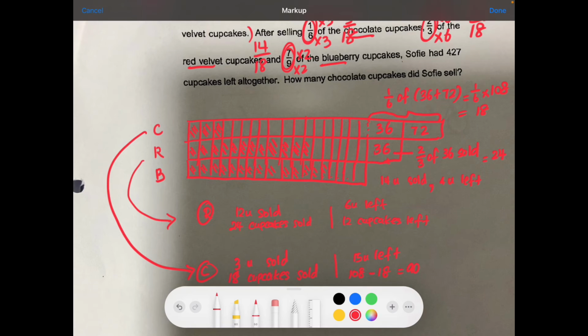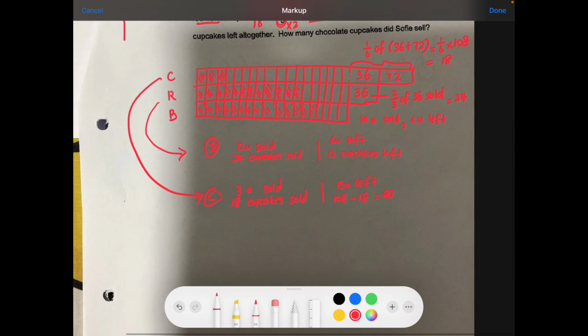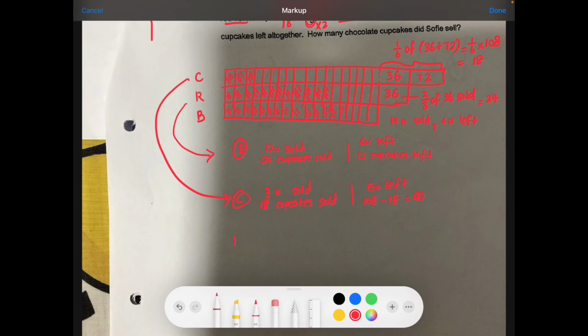So this is the information for the red velvet and for the chocolate. But if you want to write the blueberry part, also no problem. You can write that there is 14 units sold, and over here there is 4 units left.